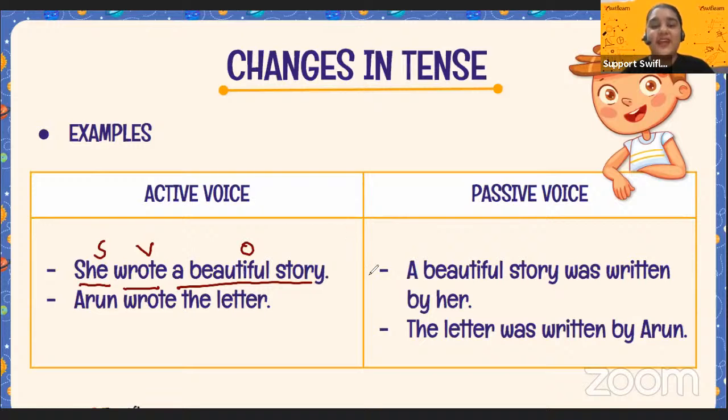Here our object, a beautiful story, will become the subject. A beautiful story was written by her. So we are using verb third form here.